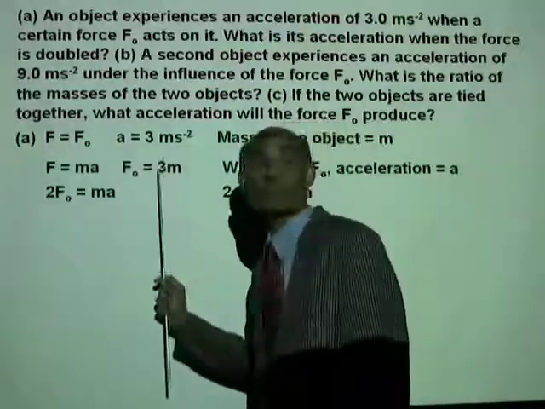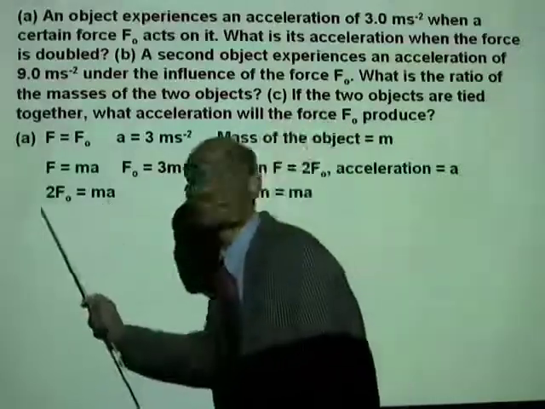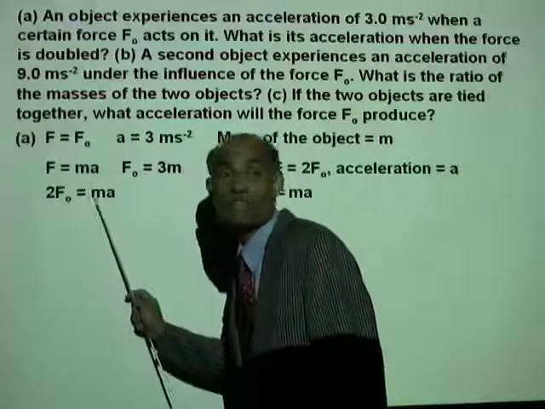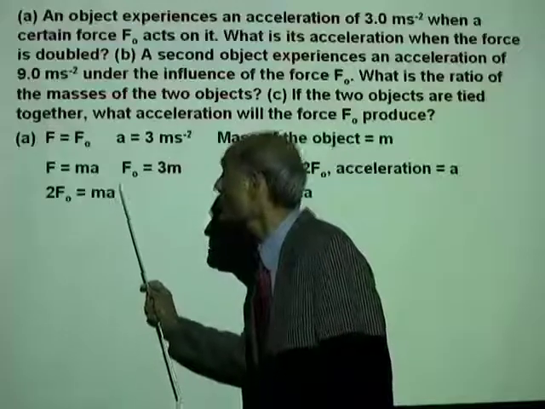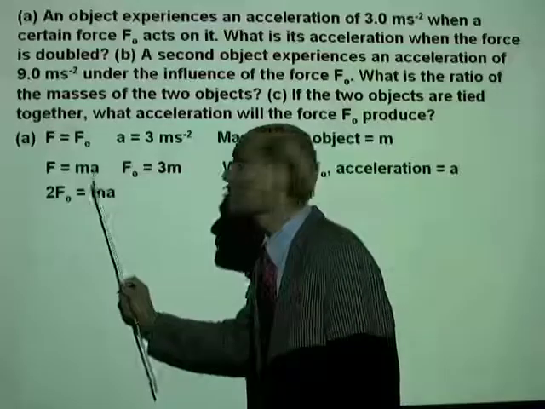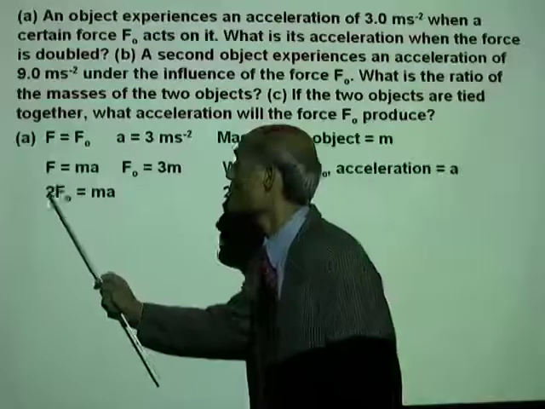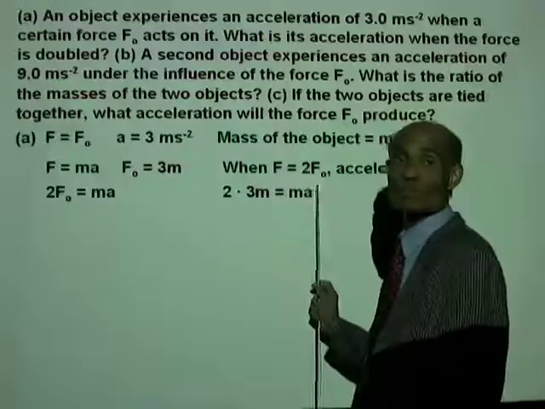Wherever we have F0, we can now replace it with 3M. The force is now doubled. 2 F0 acting on the same mass will produce what acceleration? We replace our F0 by 3M. What does that give you? 2 times 3M equal to MA.